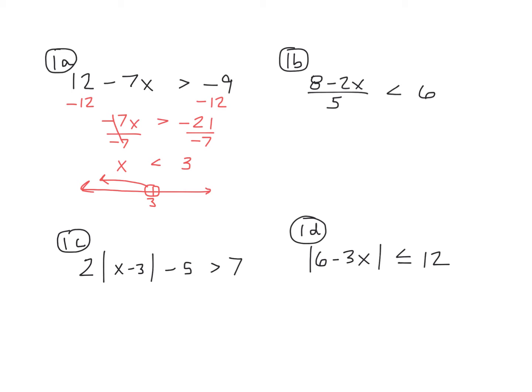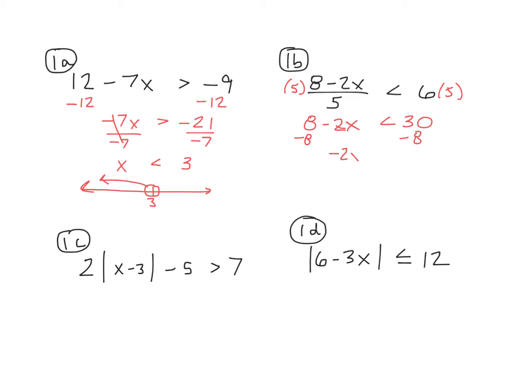1b, we've got a fraction there. Again, no absolute value, no reason to rewrite anything. To get rid of the fraction, I'm going to multiply both sides by 5. And then I'm going to just get the x by itself. I'm going to subtract 8 from both sides.